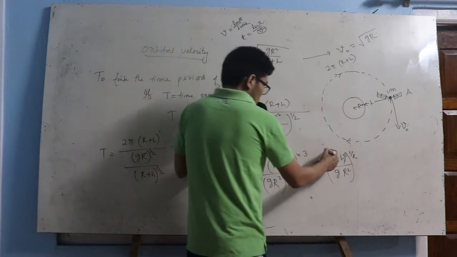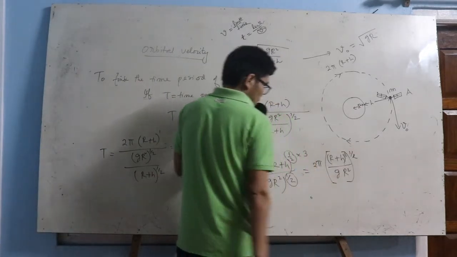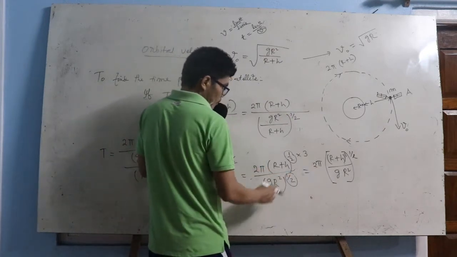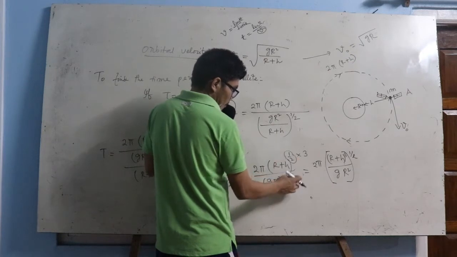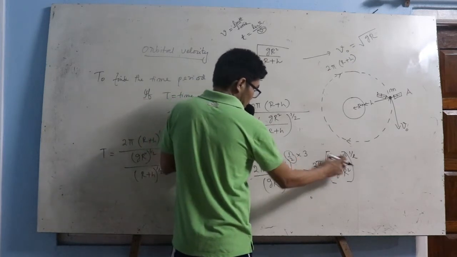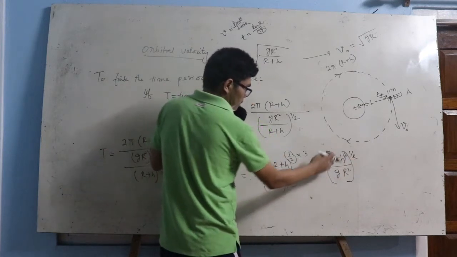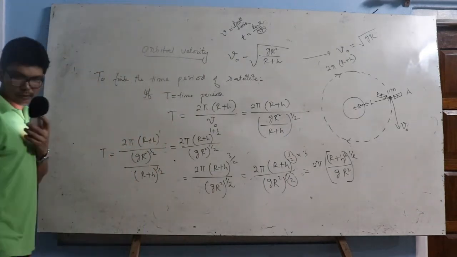I repeat again: twice pi, this (R plus h) and this one have the same power here. So this (R plus h) I keep here, and this 3 is multiplied here, and this half is taken as common for both of them. Okay.